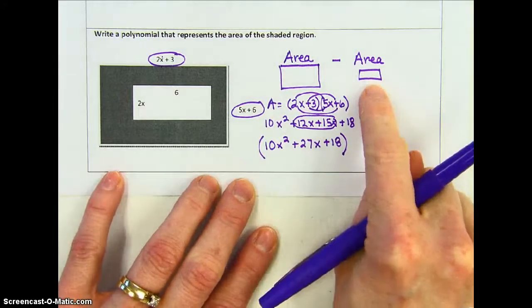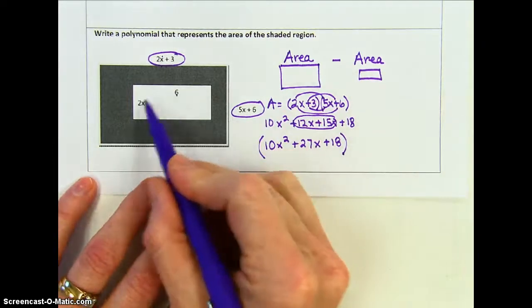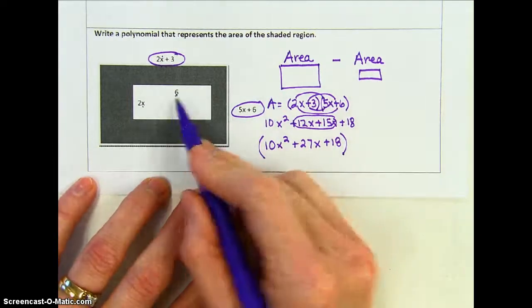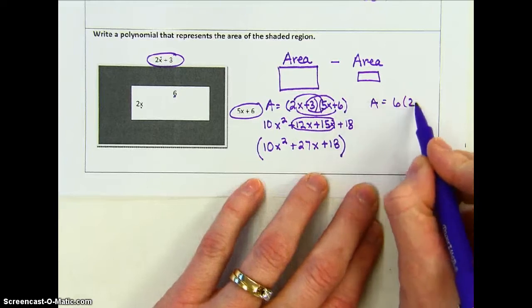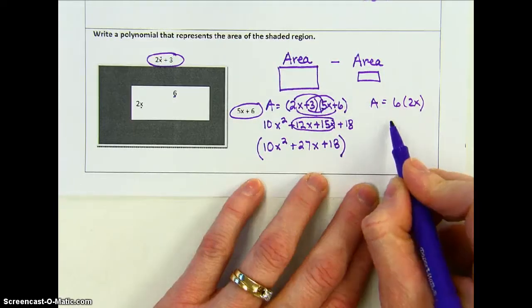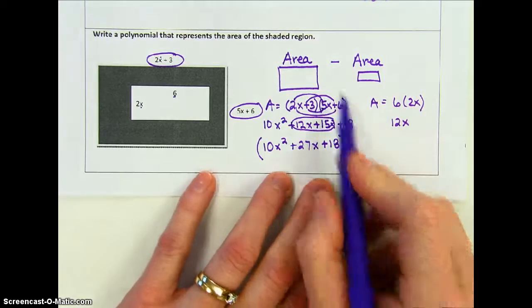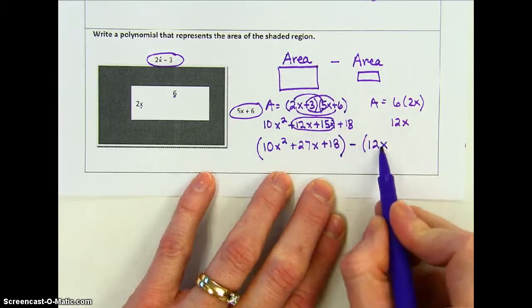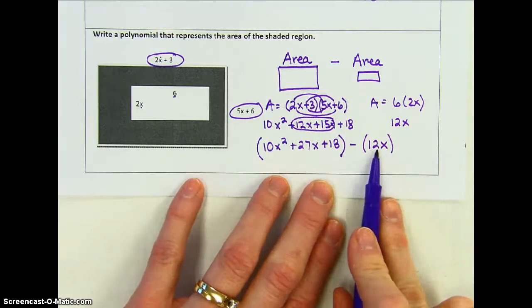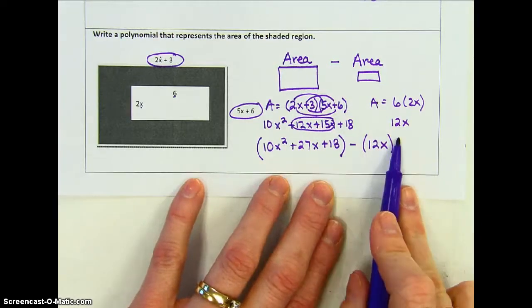We have not yet found the area of the small one, but when I look over here I see two monomials. So I actually have the area for this one, 6 times 2x. So the area is simply 12x. So since our plan is to subtract this area, we would write it like that, because if this was more like a binomial or trinomial, we would have to distribute that negative.